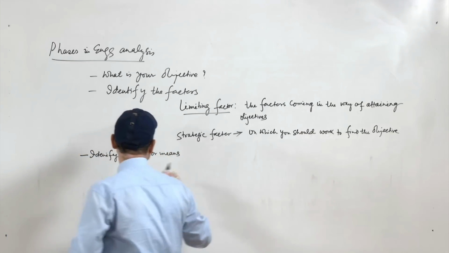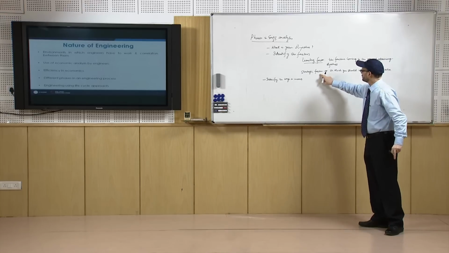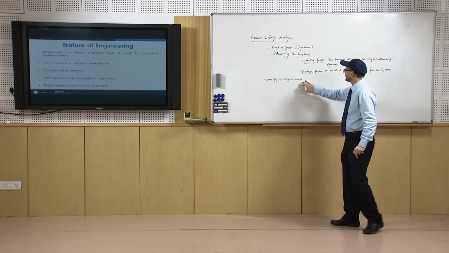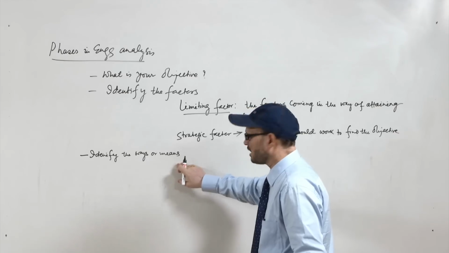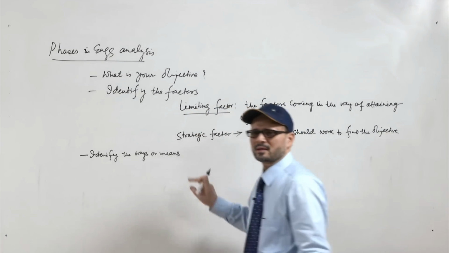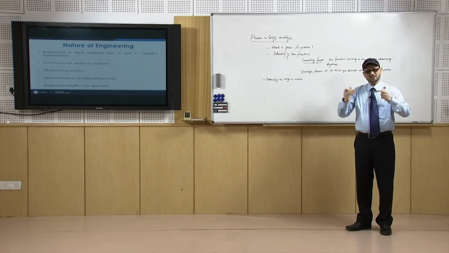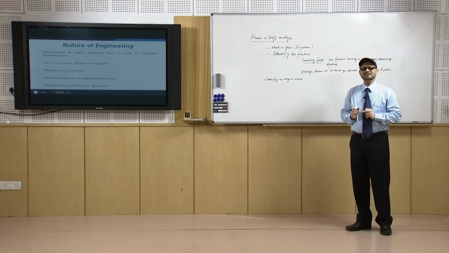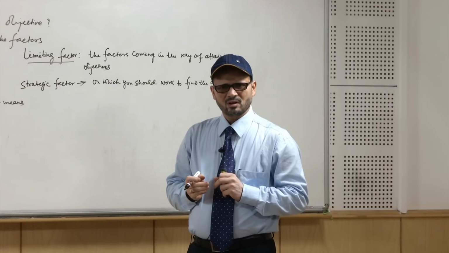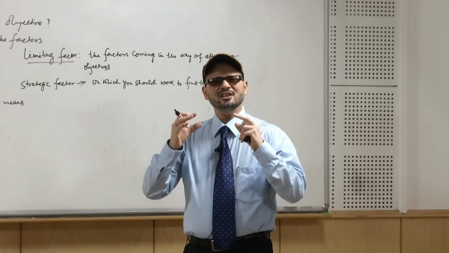There are many ways by which you can work on these strategic factors and you can get the work done. Now, among them there will be some ways, or all the ways, which basically are governed by the principles of engineering, or they apply the laws of science. They are known as engineering proposals.